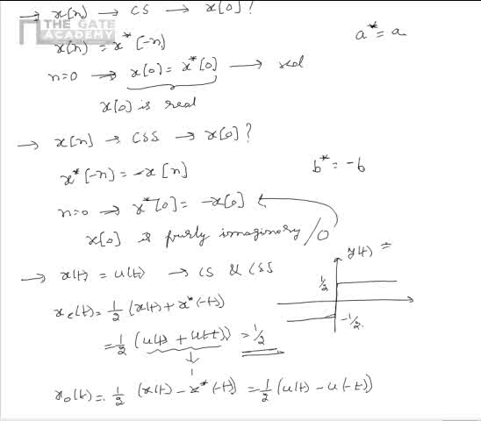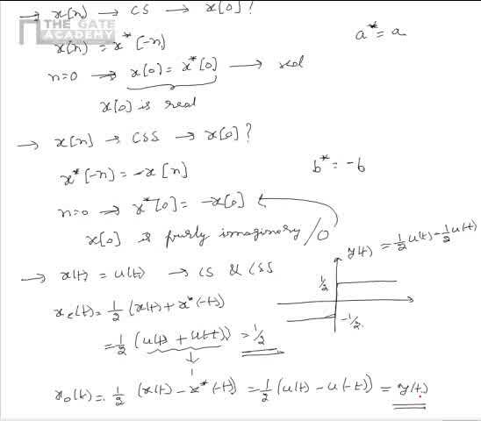We know that the given signal y of t can be written as half multiplied by u of t minus half multiplied by u of minus t. So upon simplification, we see that xo of t is y of t itself. So from this we see that the even component of the signal is half and the odd component of the signal is y of t itself.